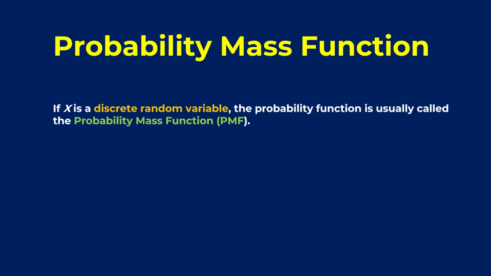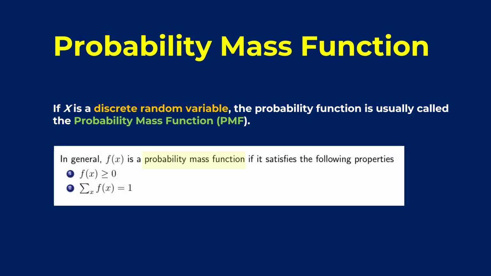In general, a probability mass function satisfies two properties. Number one, the probability mass function is non-negative for any value of x in the sample space. It will be zero otherwise. Number two, the sum of the probabilities of all the possible outcomes of an experiment is equal to 1.